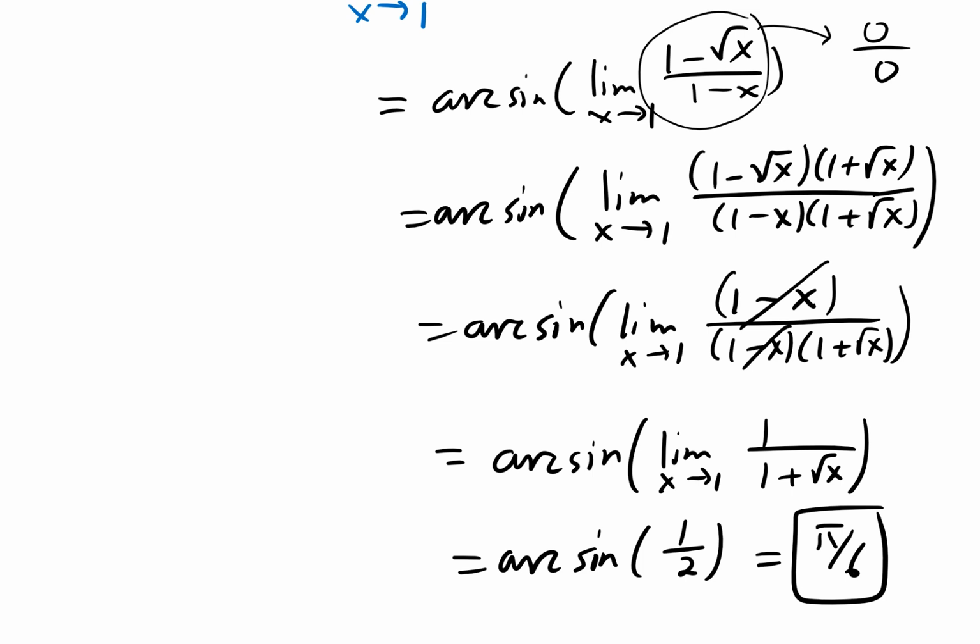I told you in the previous section, yes, you go through step by step. You find the limit on the top, the limit on the bottom, and then use limit laws: limit of 1 minus limit of root x over limit of 1 minus limit of x. And then you got 1 minus 1 over 1 minus 1, 0 over 0, indeterminate. But this was the previous section, section 2.3, where we had to show that we know the limit laws and how to apply them.